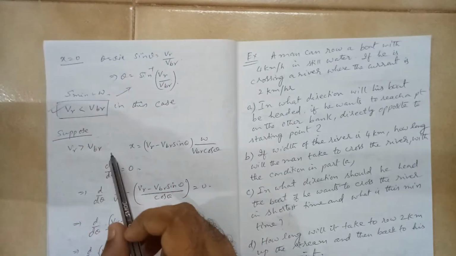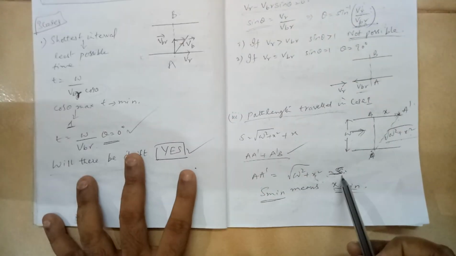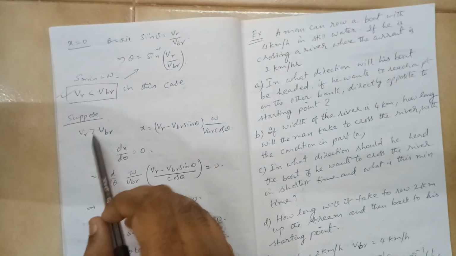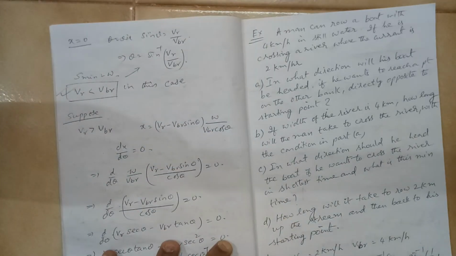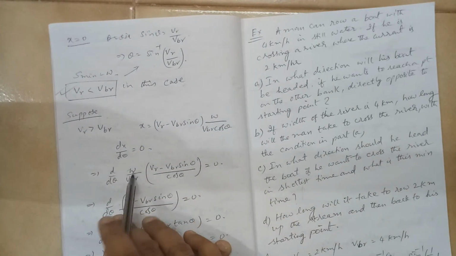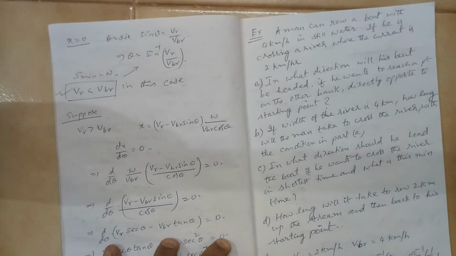S minimum here will be how much? If you put X is equal to 0 in this, S will become W. So S will become W in the case when theta is equal to sin inverse of VR by VBR. So in this situation we are discussing a case where VR is less than VBR.